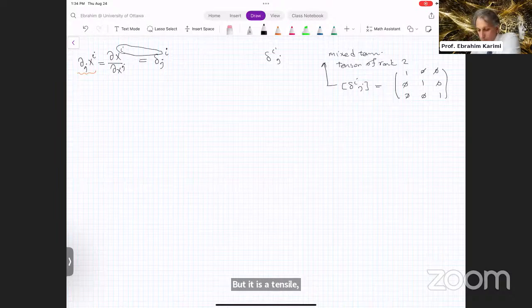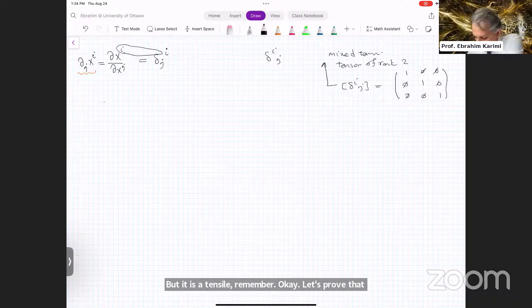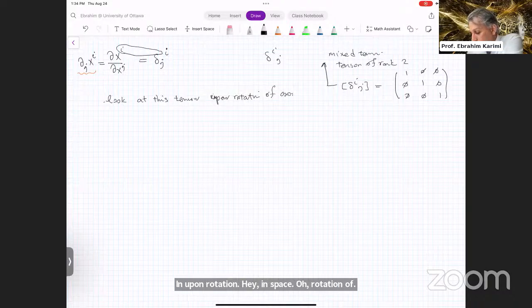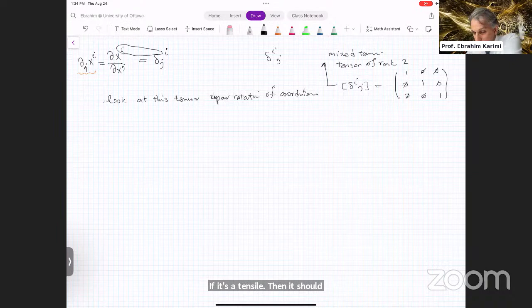Okay? Let's prove that this is a tensor. Let's look at this tensor upon rotation in space, or rotation of coordinates. If it's a tensor, then it should follow the transformation rule that we have.